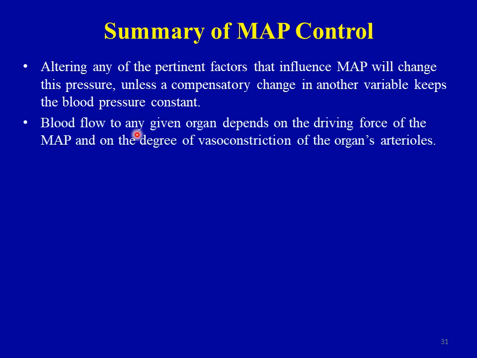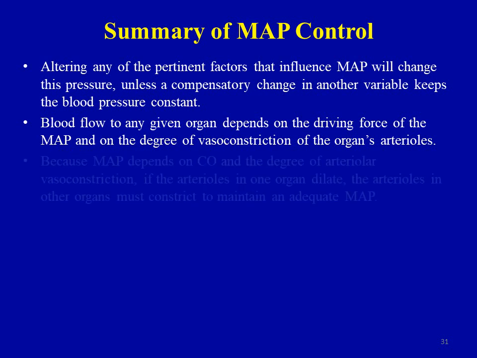Blood flow to any given organ depends on the driving force of the mean arterial pressure and on the degree of vasoconstriction of that organ's arterioles. So if we have vasodilation with an increase in the mean arterial pressure, this will further improve the blood flow to that organ.